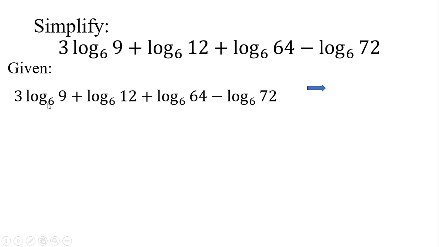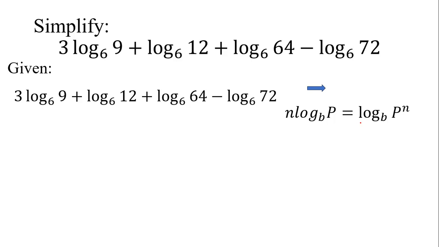We have 3 times logarithm of 9 to base 6 plus logarithm of 12 to base 6 plus logarithm of 64 to base 6 minus logarithm of 72 to base 6. So we are to use the first rule that says n times logarithm of p to base b equals logarithm of p raised to power n to base b.